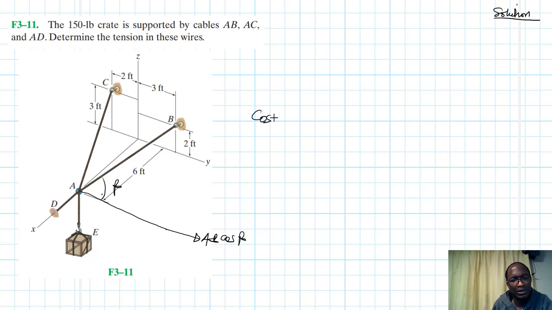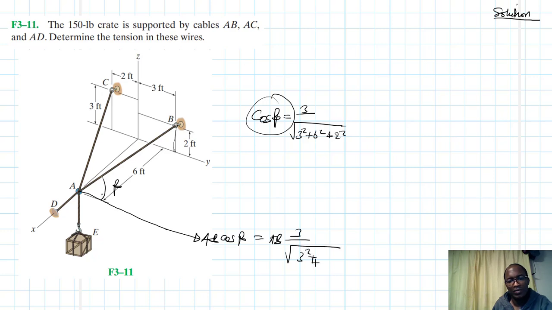Cos beta is equal to the length, the side, because this is where B is. So this length here at B in the y direction, which is a 3, divided by the magnitude of the line AB, which is the square root of 3 squared plus 6 squared plus 2 squared. So this is how we do it. This can also be written as AB times 3 over the square root of 3 squared plus 6 squared plus 2 squared.